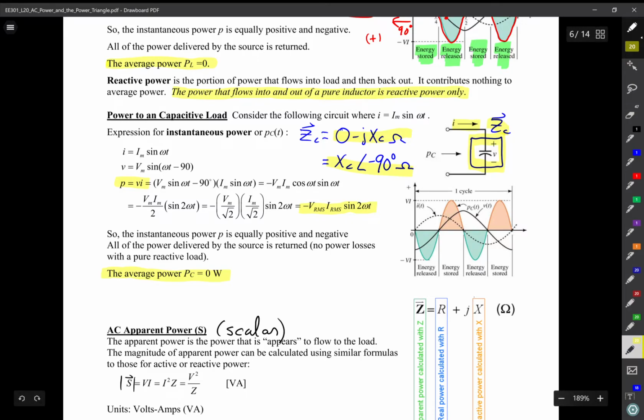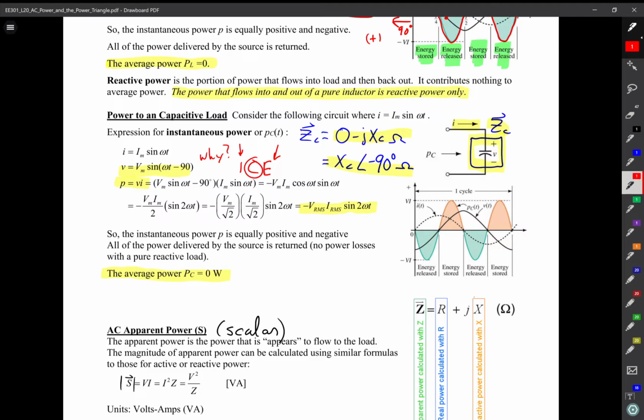So the voltage here is going to lag the current. Okay, so here, notice I have a minus 90, and why is that? Well, that's because of ICE. That is to say, the current leads the voltage in a capacitive circuit by 90 degrees.